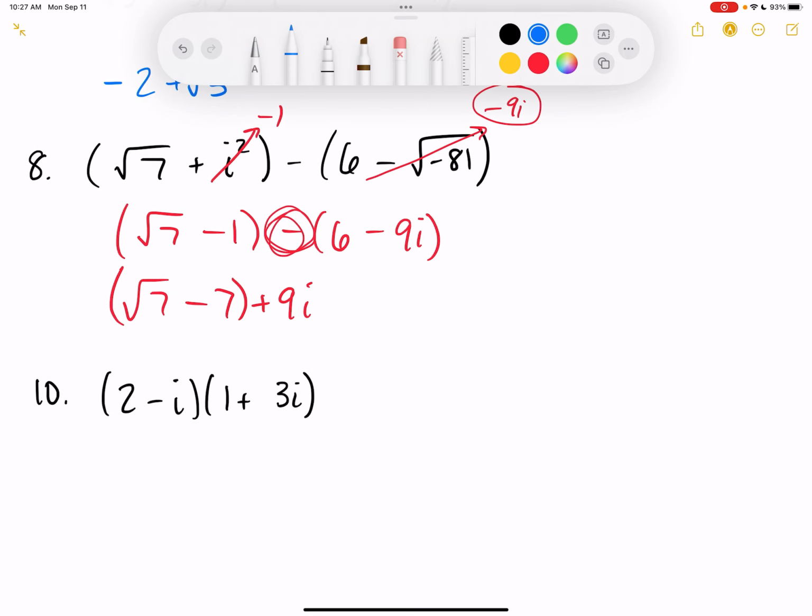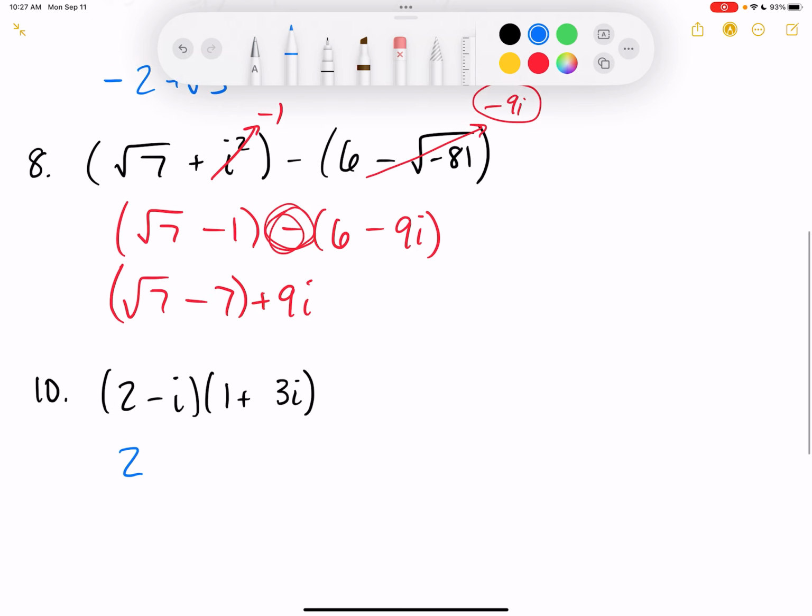So that's going to be 2 plus 6i minus i minus 3i squared. i squared is negative 1. So this whole piece right here is going to become plus 3. Okay, we follow that. And then I'm going to combine the 3 and the 2 and then the i term. So that's going to be 5 plus 5i.